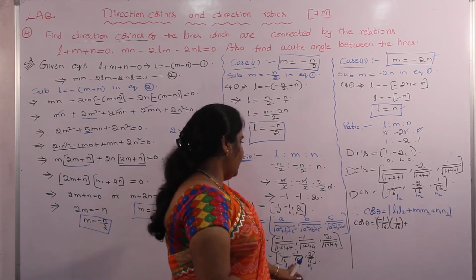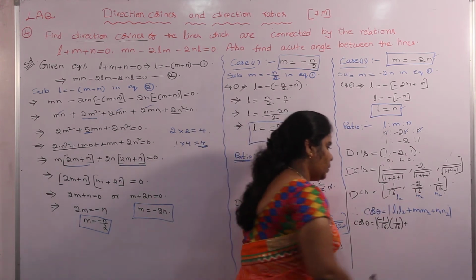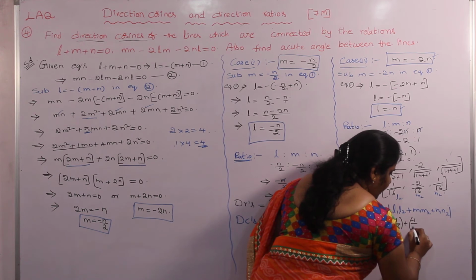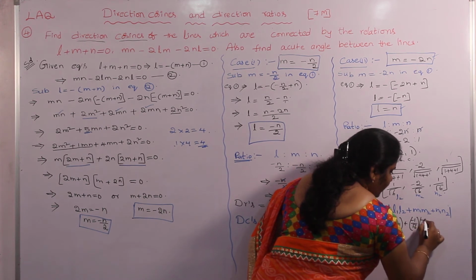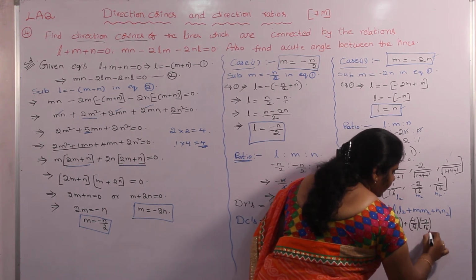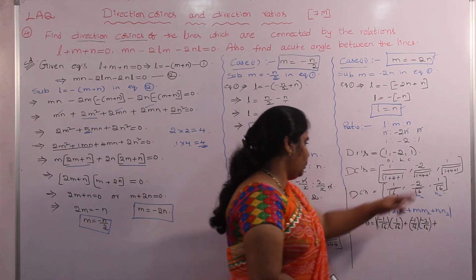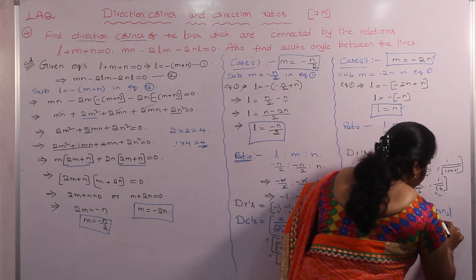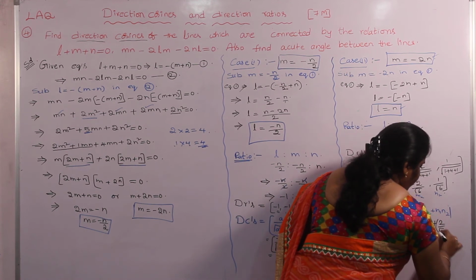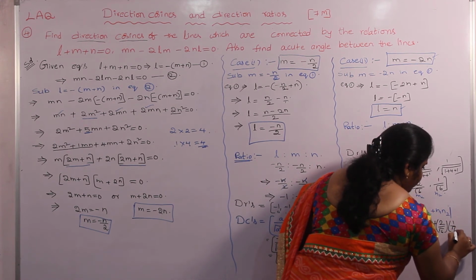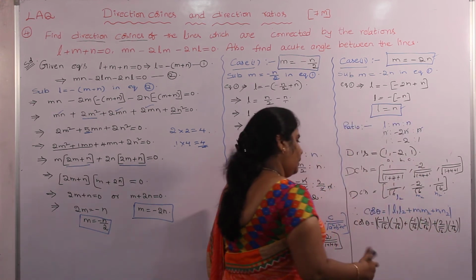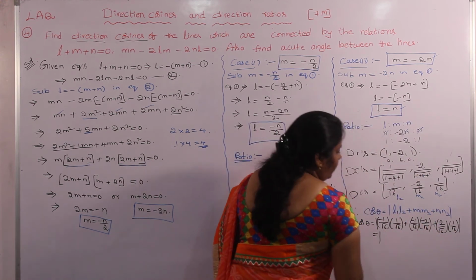M1 is minus 1 by root 6, and here we have minus 2 by root 6. Minus 1 by root 6 into minus 2 by root 6 plus N1 N2. N1 is 2 by root 6, and N2 is 1 by root 6. 2 by root 6 into 1 by root 6.